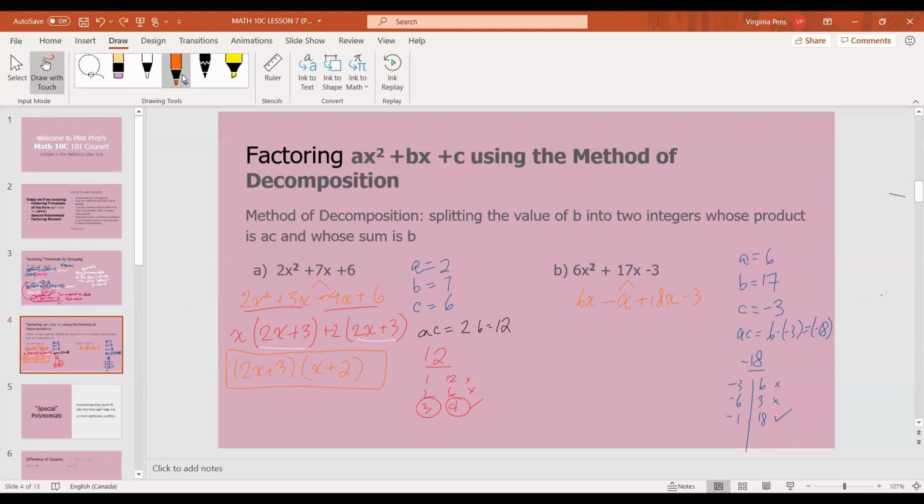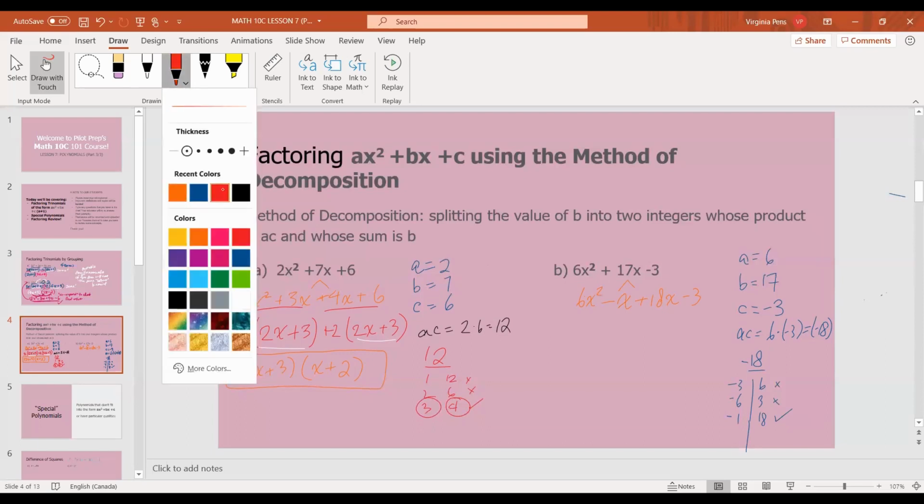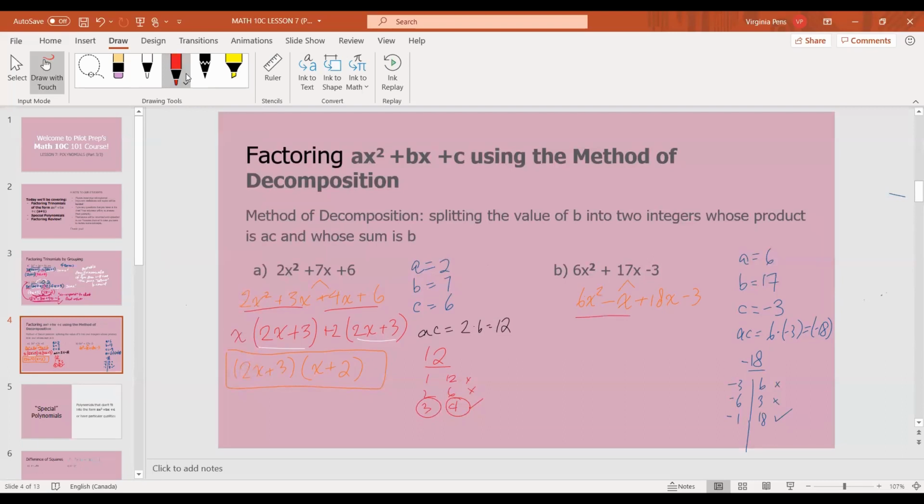It's so cute. All right, and now we can group. Let's group together 6x squared and negative x, as well as 18x and negative 3. So for 6x squared and negative x, we can't exactly take out anything other than an x.